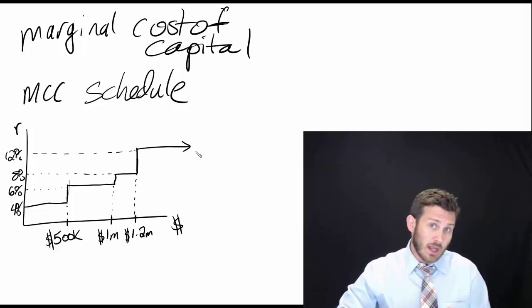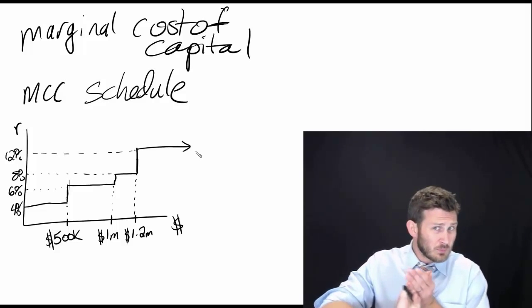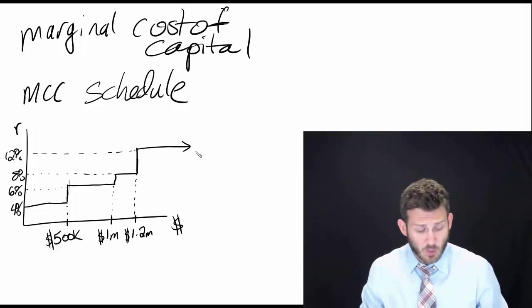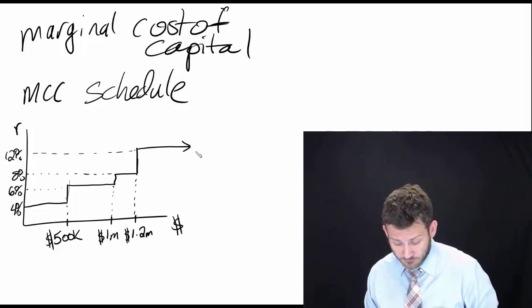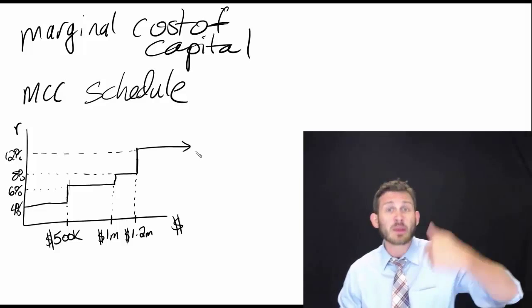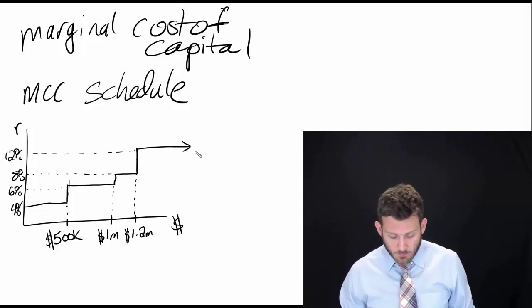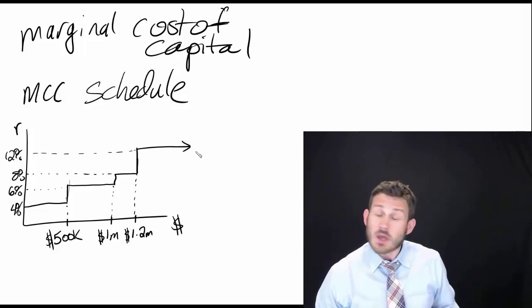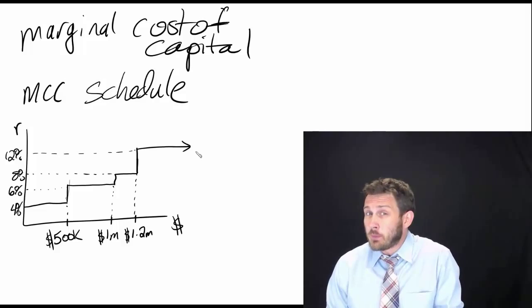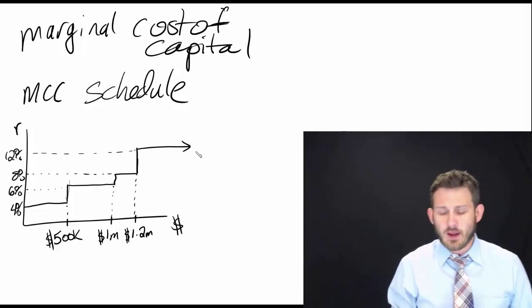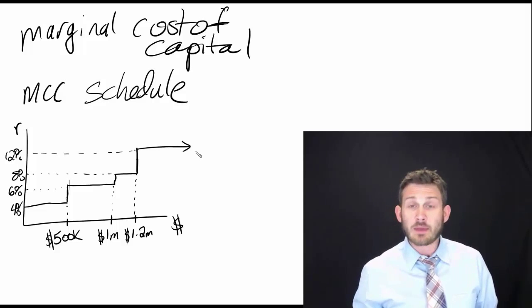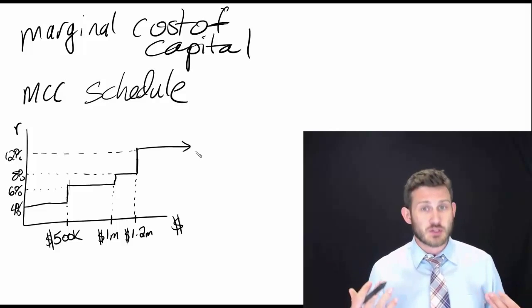So the point we're looking at here is that if I have zero borrowing and I want to start borrowing, I can borrow at 4%, okay? And I can keep borrowing until my interest rates keep on rising. That brings up the question, why are the interest rates higher when I borrow more? Simply, it means I'm becoming more leveraged, right?